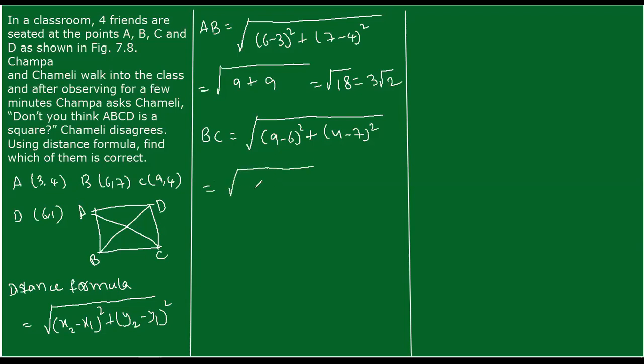Here 9 minus 6 is 3 square, and 4 minus 7 is minus 3, obviously. So 3 square is 9, again minus 3 square is 9, so 9 plus 9 is 18. So again we can write 18 as 3 root 2. Fine. Now CD distance.